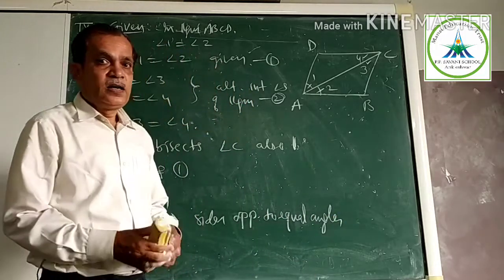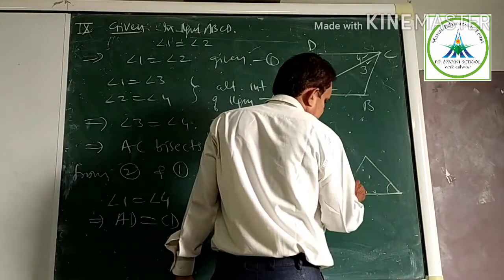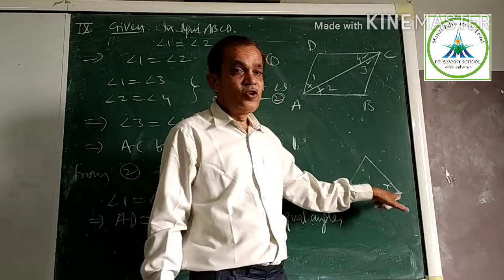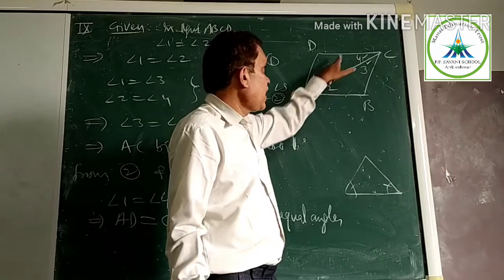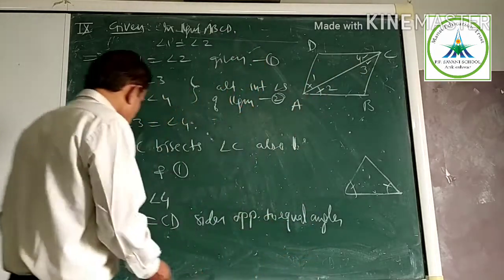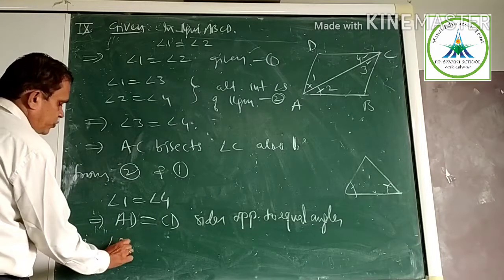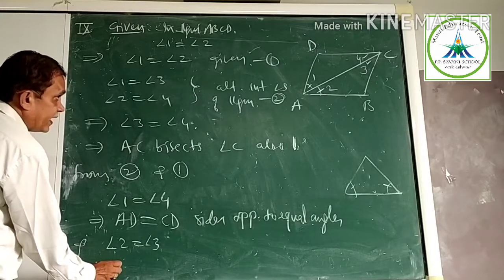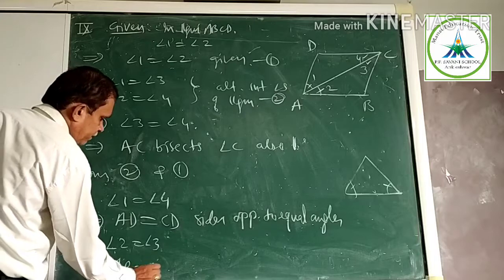In any triangle, you know students, if these base angles are equal, then these sides are equal. Yes. Similarly, if this angle equal to this angle, then its opposite sides are equal. And angle 2 equal to angle 3 implies AB equal to BC.